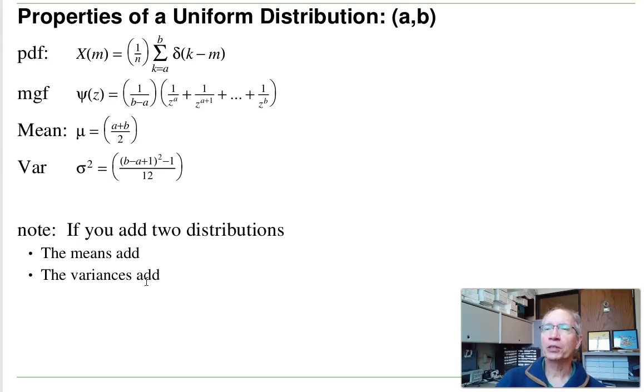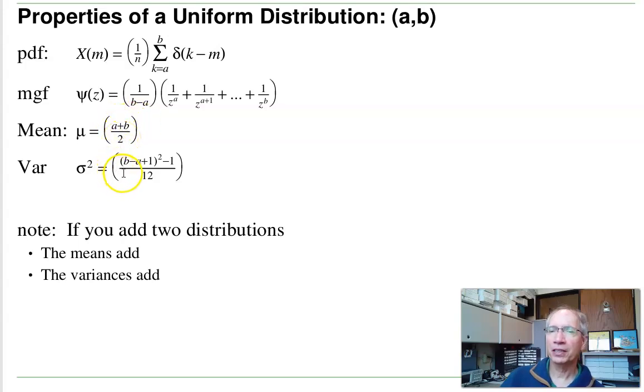Going back to uniform distribution, the PDF of a uniform distribution is 1 over n, say for a 6-sided die it's 1/6, times the delta function at each number, at 1, 2, 3, 4, 5, and 6. The z-transform is kind of like the definition. I've got a 1 in 6 chance of getting a 1, that's 1 over z, of a 2, 1 over z squared, 3, 4, 5, 6. The mean is the average, for a 6-sided die, 1 plus 6 over 2, 3.5.